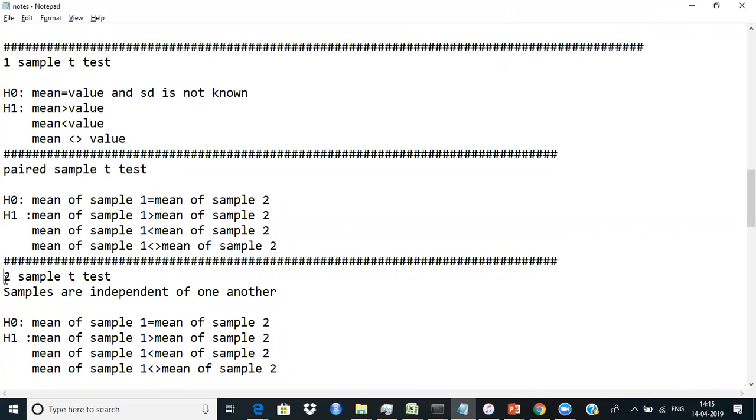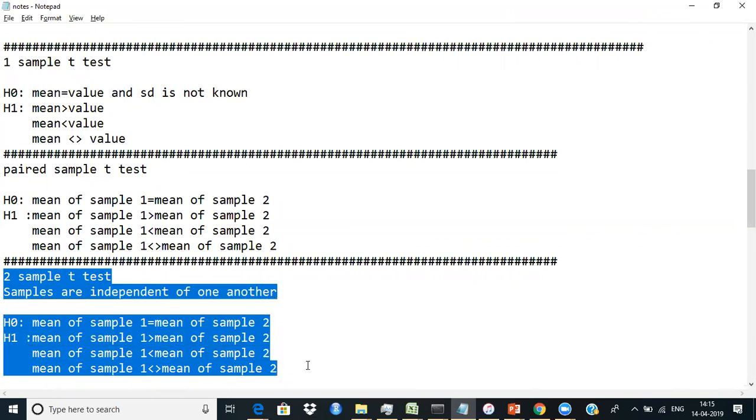A two sample t-test, on the other hand, is clear. It will clearly tell you there are two different populations, and I just want to test whether the means of these two populations are equal or not. If these two populations are clearly disjoint, which means that you cannot have more than one data point coming from the same entity, then it is a two sample t-test. For example, gender.